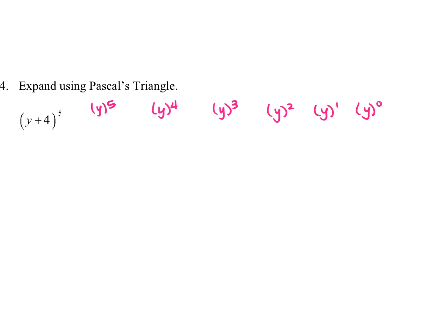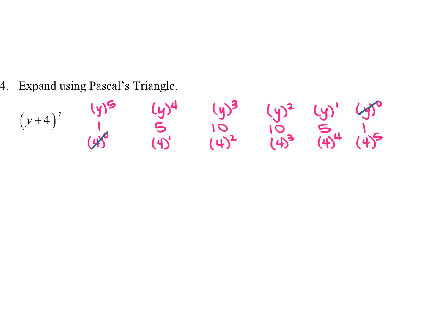From here, we have our numbers from Pascal's triangle: 1, 5, 10, 10, 5, 1. Then that 4 gets raised to the power of 0, to the power of 1, to the 2nd power, to the 3rd power, to the 4th power, and to the 5th power.